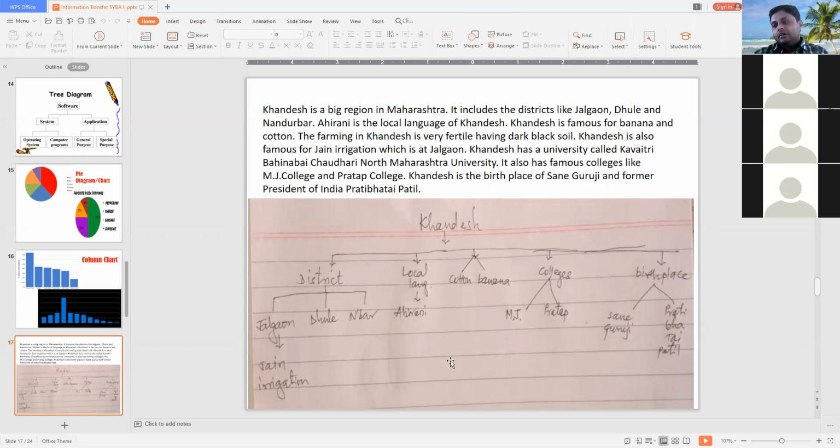Then we highlighted two important colleges, MJ College and Pratap College. We also mentioned the birthplace of two personalities, Sane Guruji and Pratibha Tai Patil. So this tree diagram presents the above text in a shortcut way.